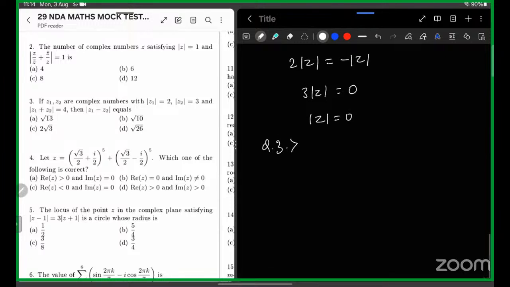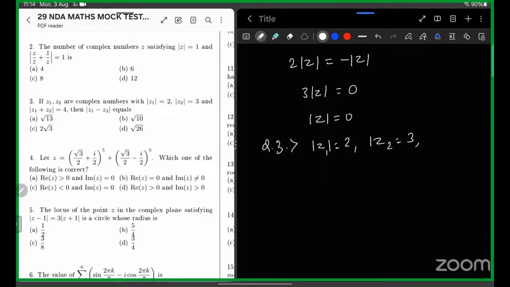First, write down the data. We know this property. We have given mod of Z1 equal to 2 and mod of Z2 equal to 3.